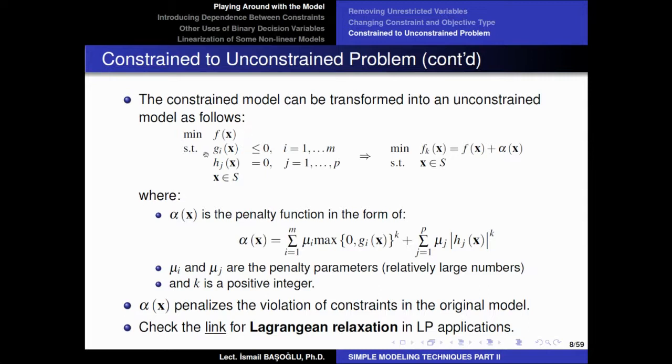Now, we may have different types of constraints, but if we have greater than or equal to type of constraints, obviously they can be written in the form of less than or equal to by multiplying both sides of the inequality with -1, as we have learned earlier. So actually we can generalize this as we either have less than or equal to type of constraints or equation type of constraints.